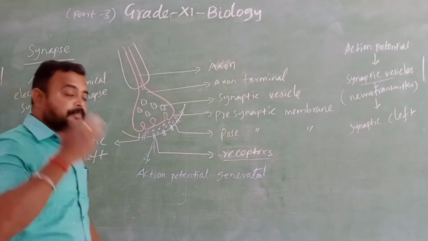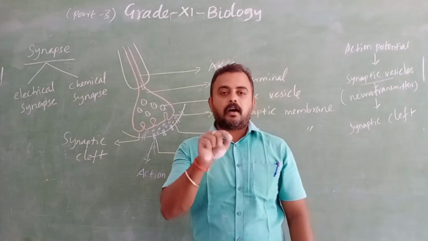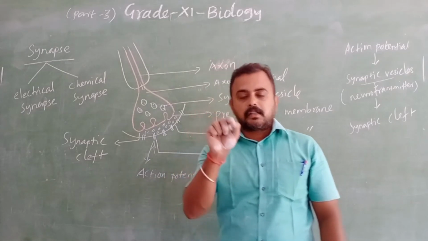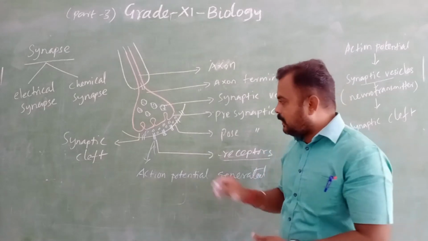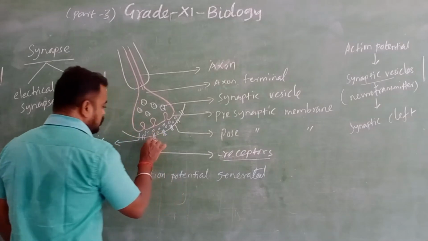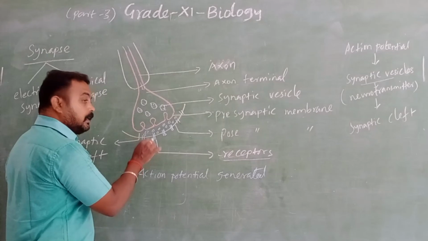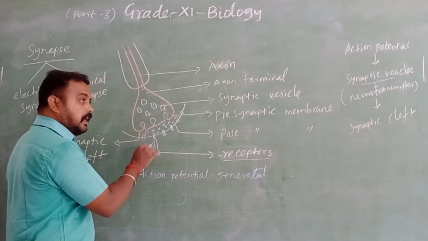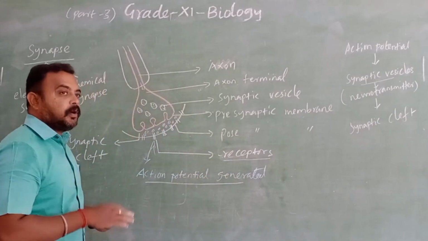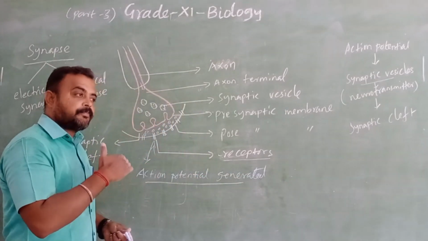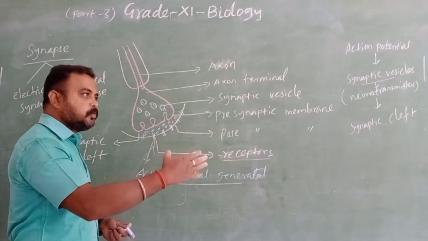Just think that when a stimulus is applied on the resting potential, it is converted into a depolarization. Like that, here the neurotransmitters act as a stimulus, then the polarized area is depolarized, that means action potential is generated. Then, as I said before, from region A to B, B to C, C to D, it keeps moving.